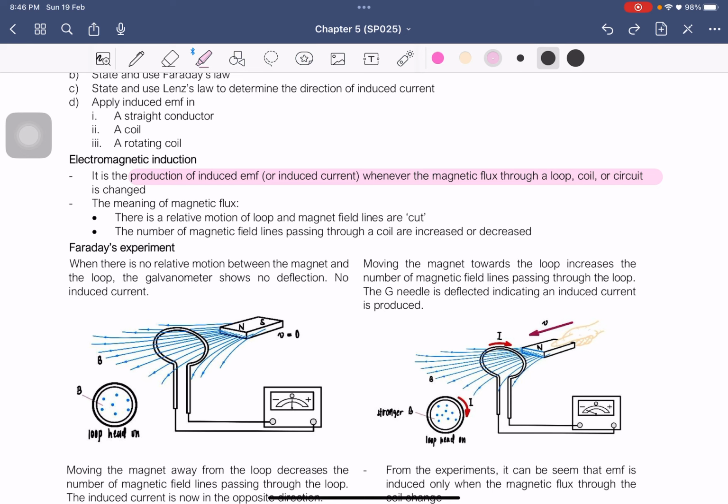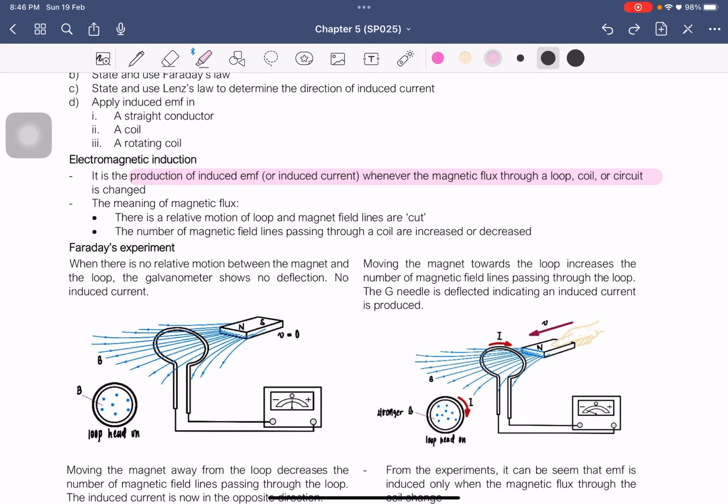So the meaning of magnetic flux is there is a relative motion of loop and magnetic field lines. There is a motion between the loop and the magnetic field lines cut. Then the number of magnetic field lines passing through a coil can either increase or decrease.